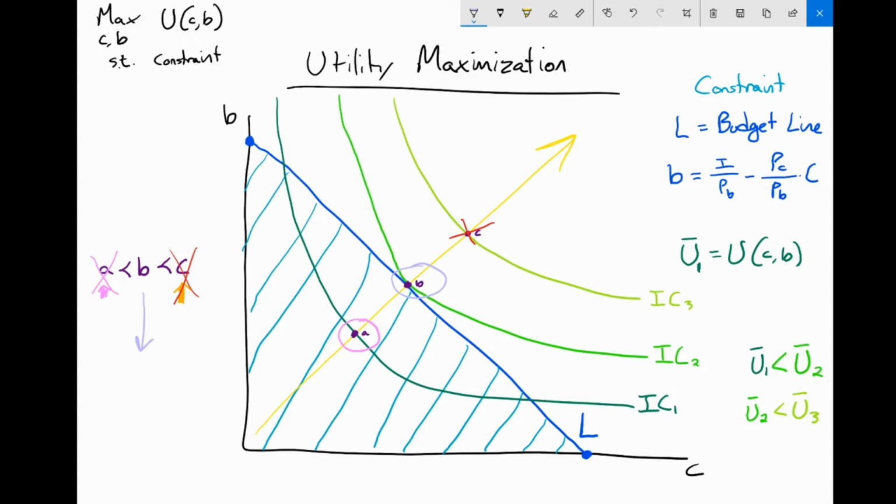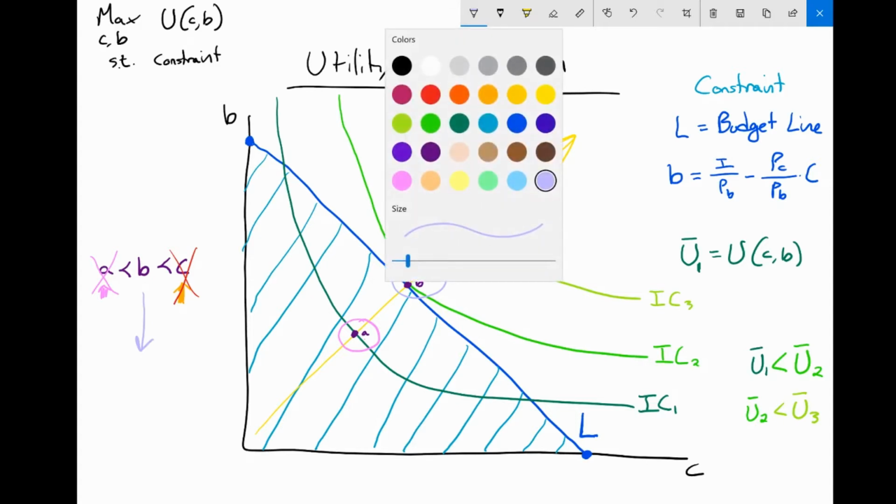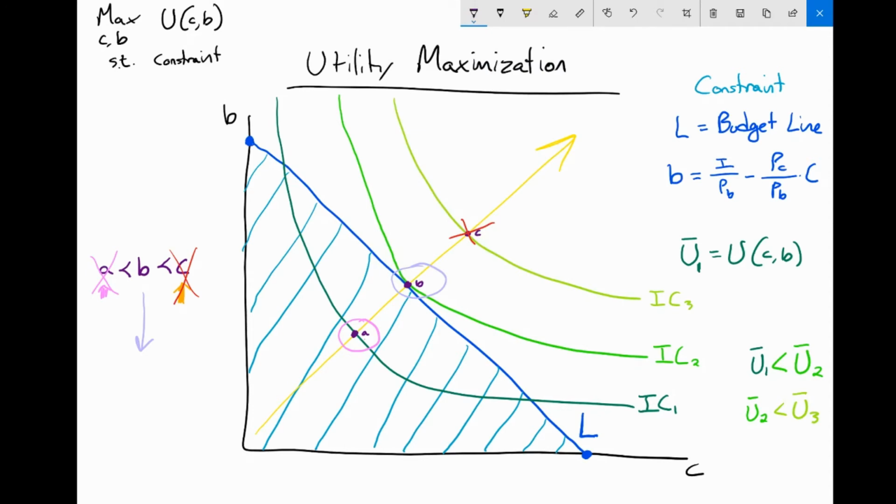Okay, this is actually a little bit confusing. Let's turn this into bundle D, just to not confuse ourselves with bagels and coffee. Bundle D is some combination of bagels and coffee. They're going to choose bundle D because it gives them the most amount of utility within the possible bundles that they can afford.